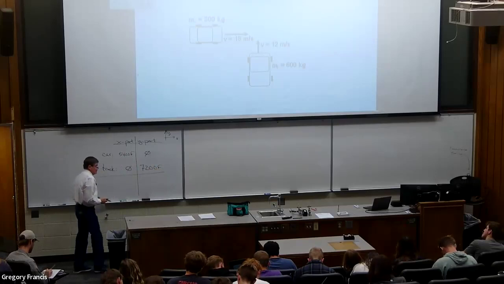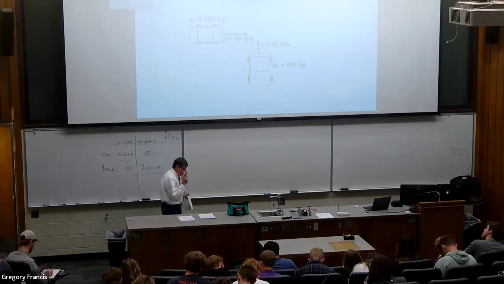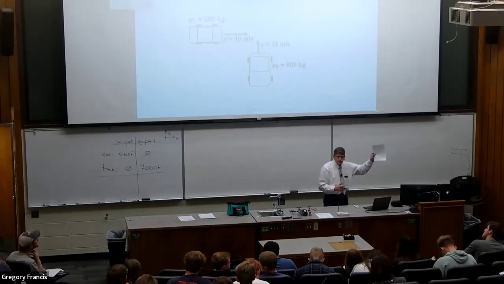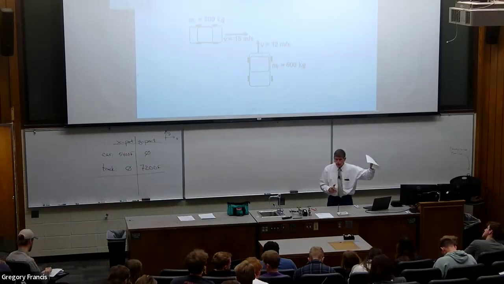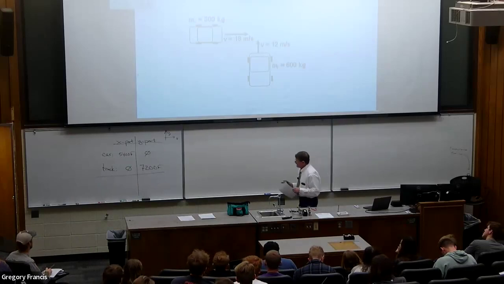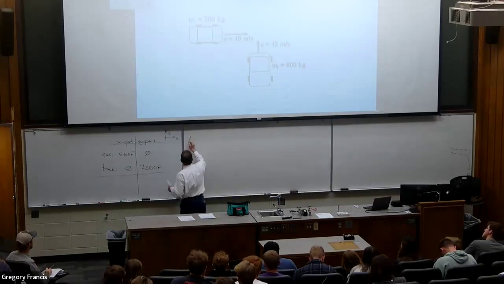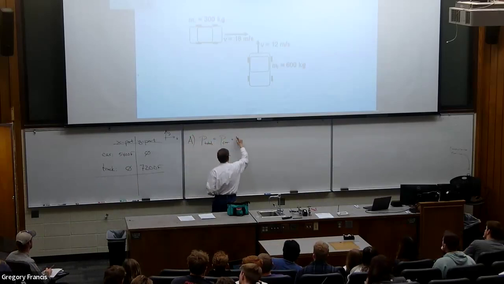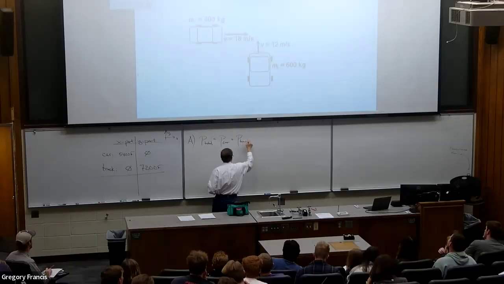Now, I wish I had a happier story to tell. But when this was on the exam, a lot of people in the class gave the answer for part A as the momentum total is equal to the momentum of the car plus the momentum of the truck.